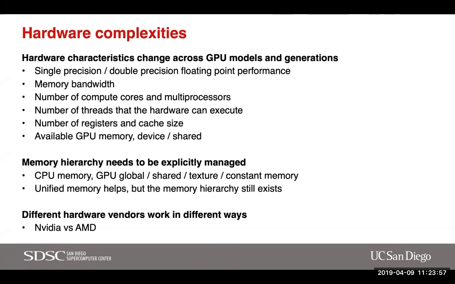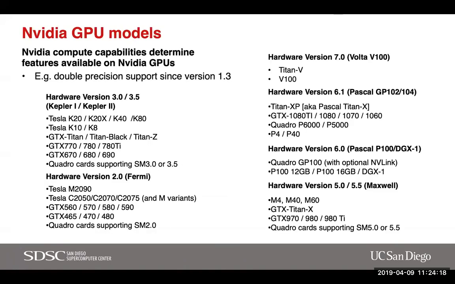Then there are of course different hardware vendors. I've been talking a lot about NVIDIA because we do have NVIDIA GPUs at SDSC, and almost all data centers who are running GPU workloads are working with NVIDIA GPUs, but there's also AMD GPUs, of course, and they work differently in some ways. Here's a summary of different GPU models.